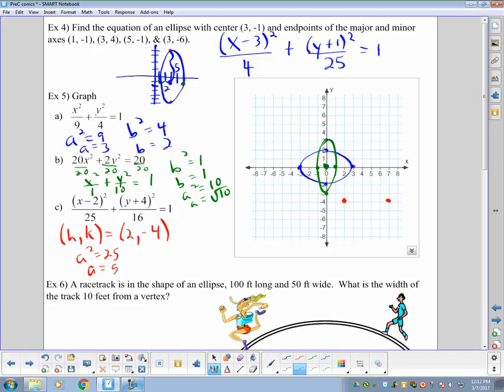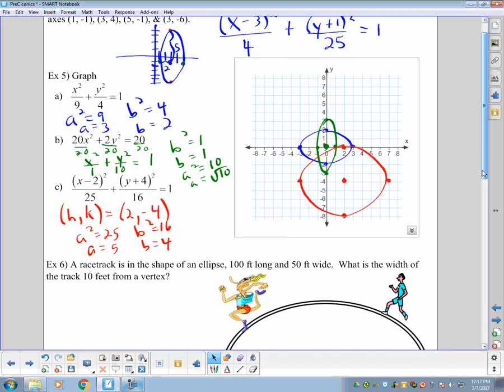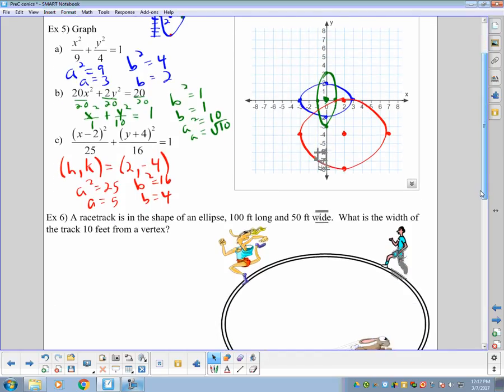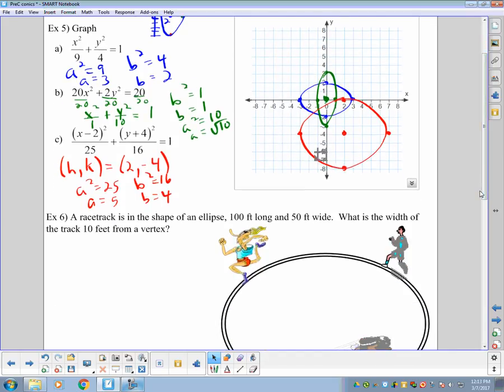Place a dot there. And then here we have b squared equals 16, so b equals 4. And that's the graph of my ellipse. So you should be able to graph them from the equation, or given the graph, write the equation.